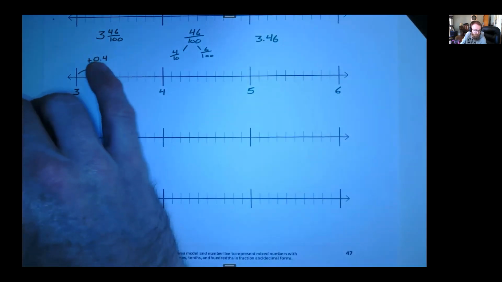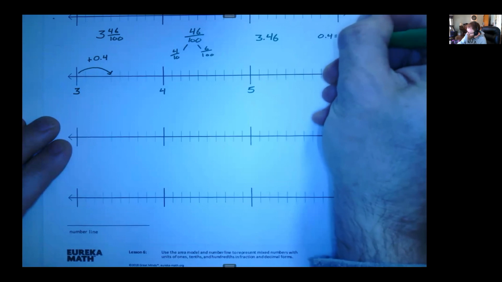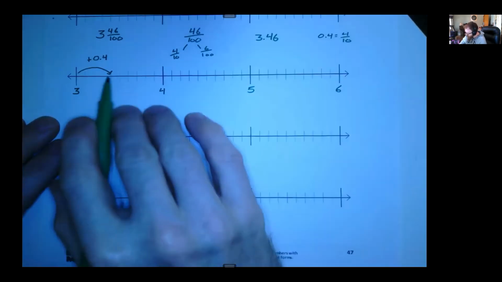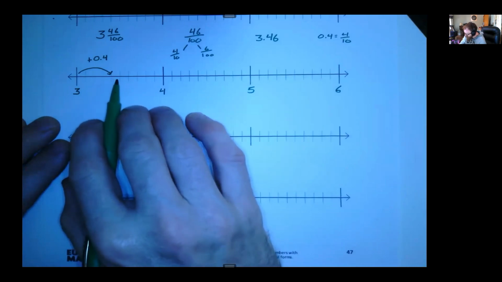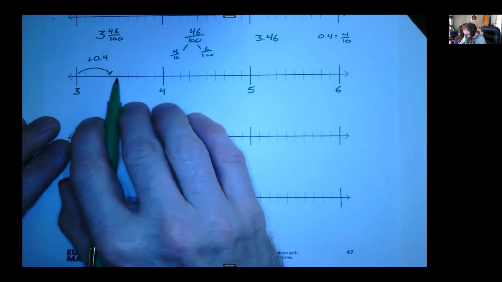So our 4 tenths is shown right here, right? 0.4 equals 4 tenths. Now we need 6 hundredths. We know that travel is going to take place in between 4 tenths and 5 tenths.